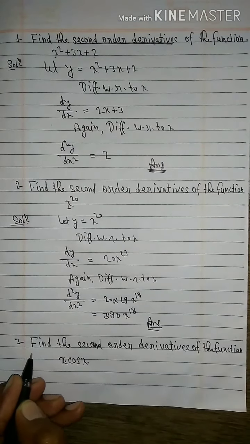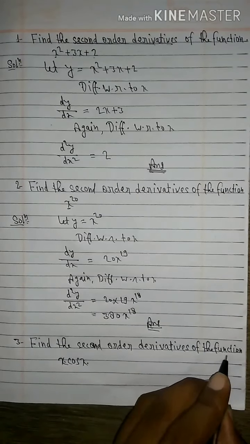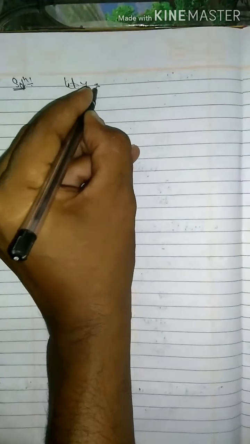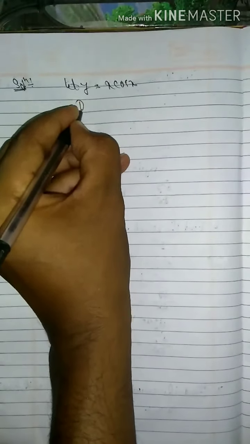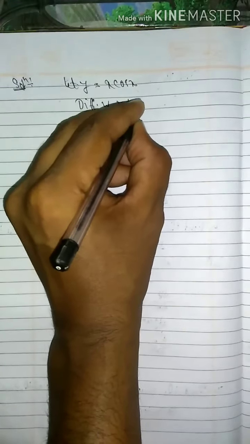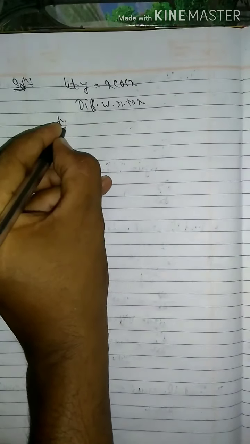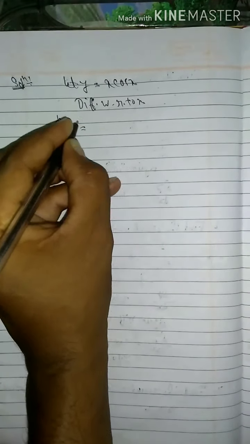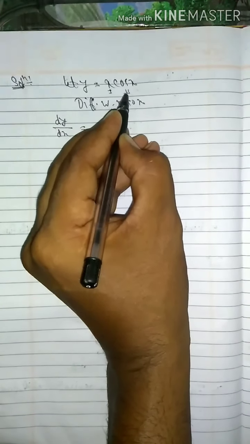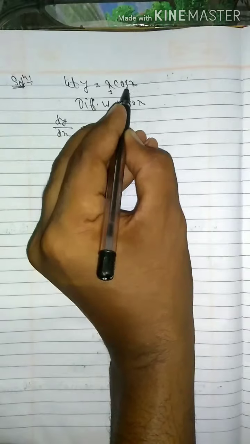Third question, find the second order derivative of the function x into cos x. Let y equal to x into cos x, differentiating with respect to x. Here this is the first function and this is the second function, and it is a product of two functions.